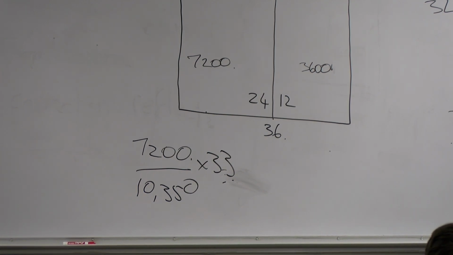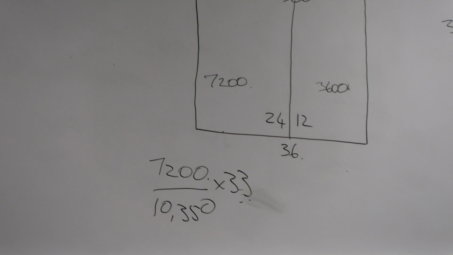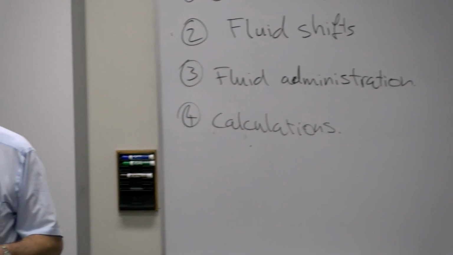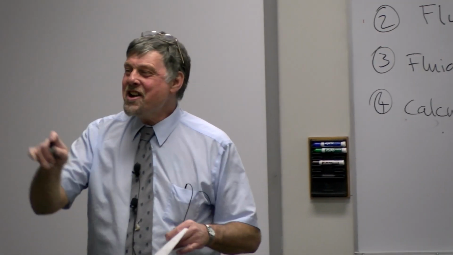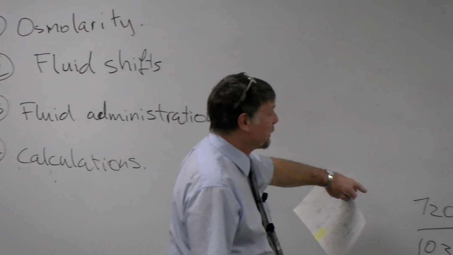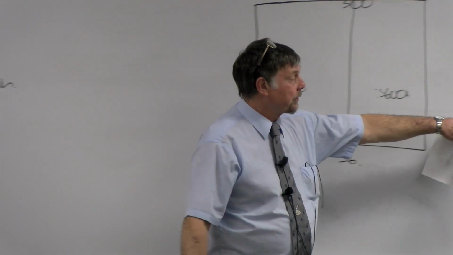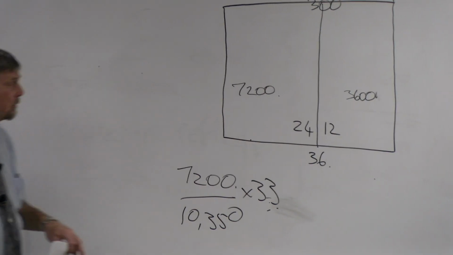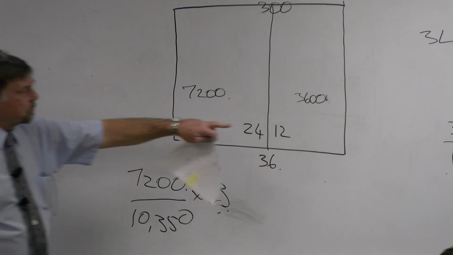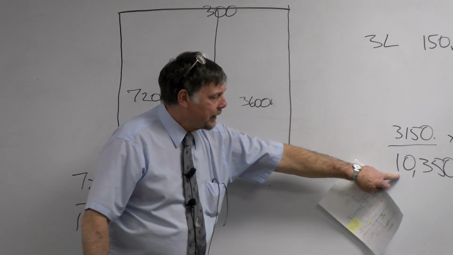Have you seen the way Costanzo does it? Am I crazy? Yes, yes. No, it's the total. So it should be 7,200 plus 3,150. Does that add up? 7,200 plus 3,150 is 10,350.